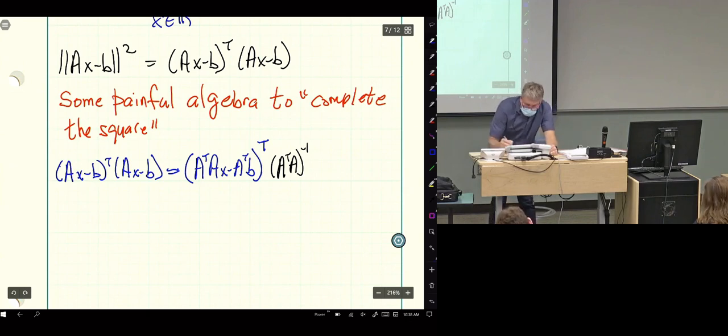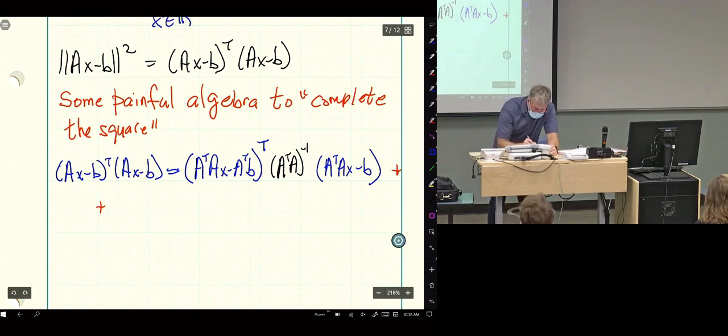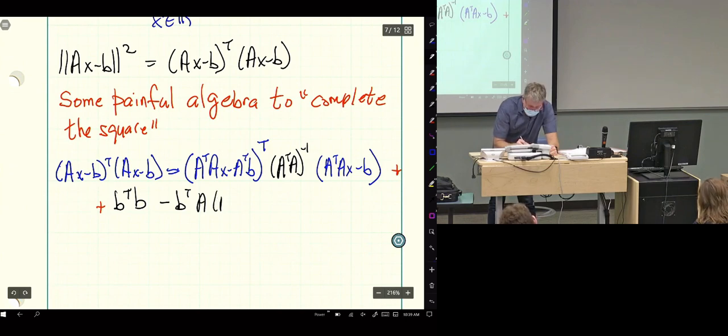Okay, I want to keep the focus on what we're trying to minimize here. A transpose Ax minus A transpose b, plus b transpose b minus b transpose A times A transpose A inverse A transpose b. Whew.